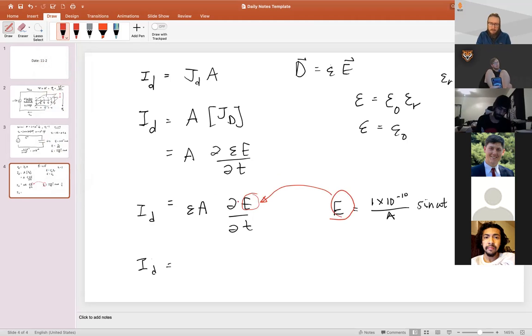So substitute in, take the derivative, multiply by this, check if anything cancels, use this epsilon naught information, and come up with an expression for the displacement current.